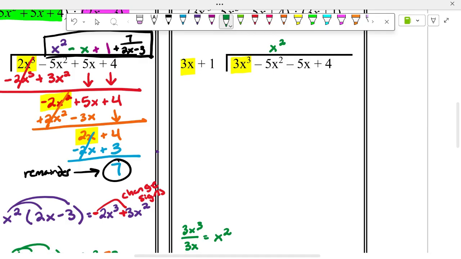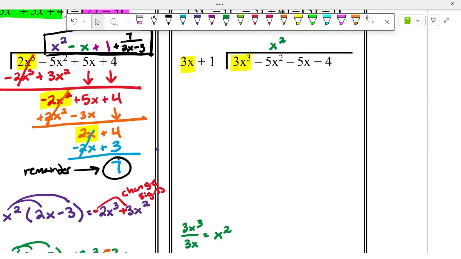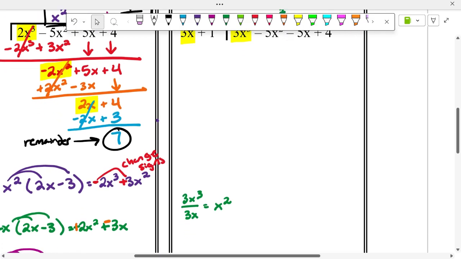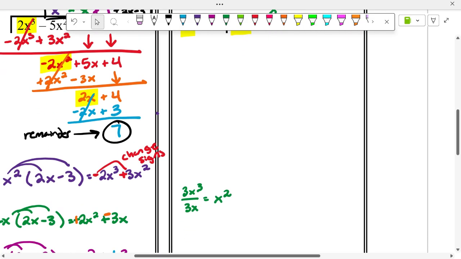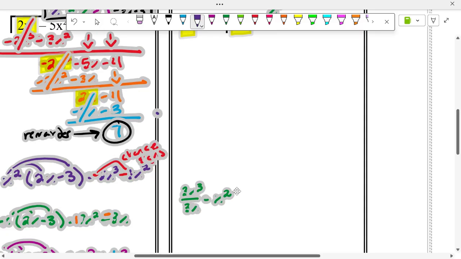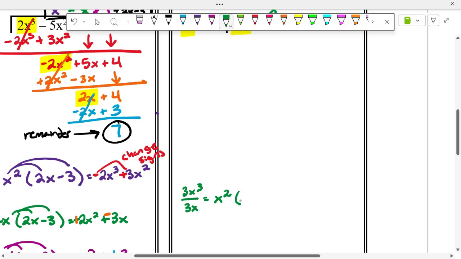All right. Let's go with mahogany. What do I do next? So we multiply x squared by what?